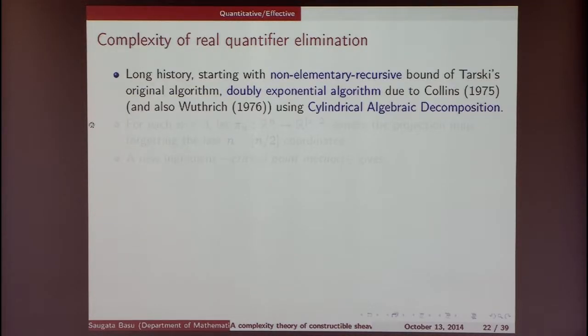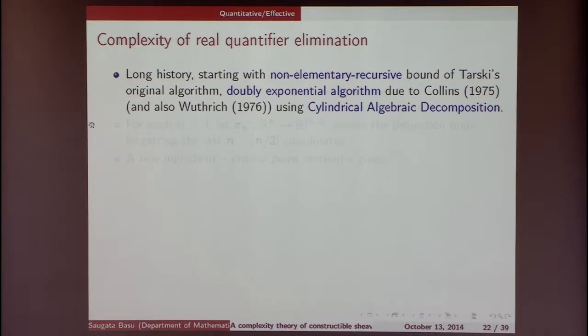So let's go back to quantifier elimination. This quantifier elimination has a really long history. It started with a non-elementary recursive bound on Tarski's original algorithm for doing quantifier elimination. And then there was a kind of hiatus. Mind you, people were not looking at it.